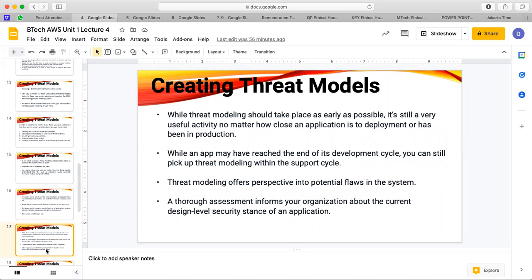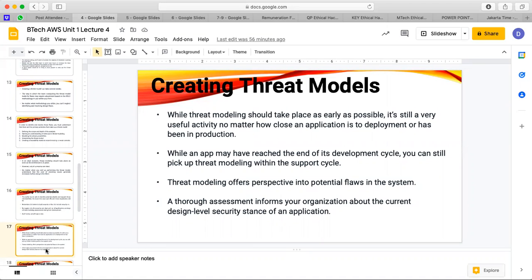While threat modeling should take place as early as possible, it is still a very useful activity, no matter how close an application is to deployment or how long it has been in production. While an app may have reached the end of its development cycle, you can still pick up threat modeling within the support cycle.